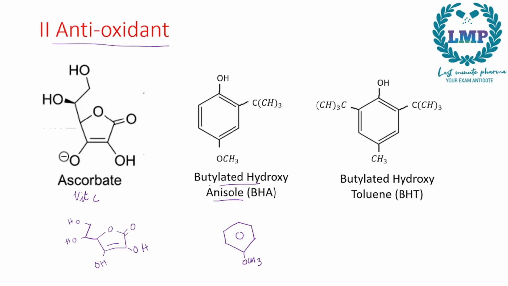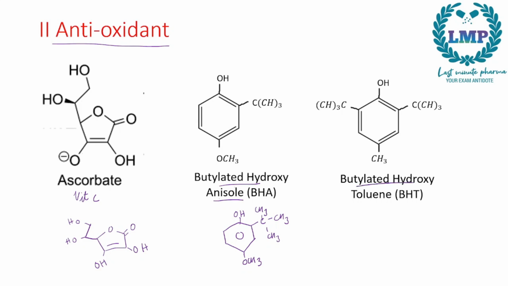Now what do we mean by butylated hydroxyanisole? In the para position of this anisole group, that is the OCH3 group, we will add a hydroxy, that is OH. And since it is written as butylated, butyl means 4 carbons, so it's a carbon attached to 3 carbons. So this is butylated hydroxyanisole.